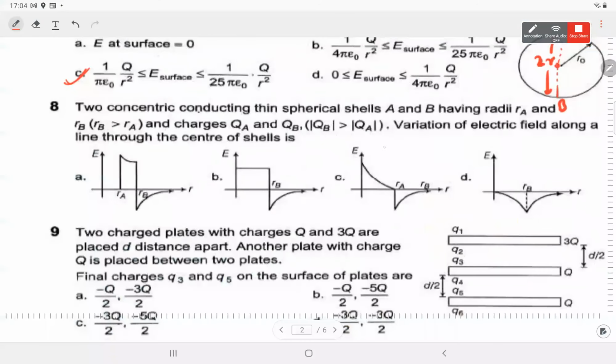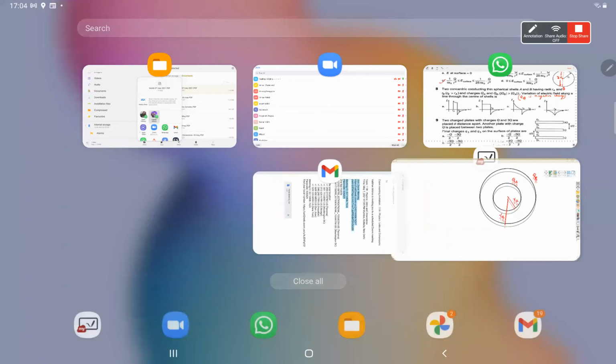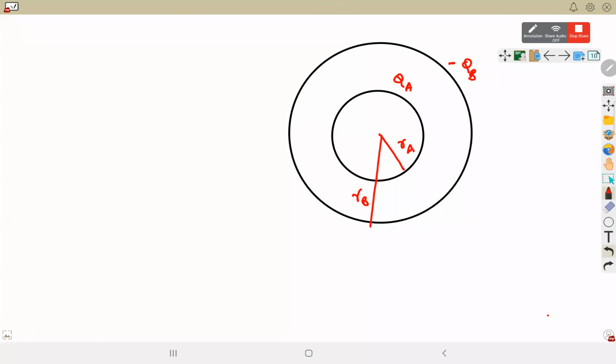So you can write here QB is a negative charge. If it is negative, then accordingly we will decide QA positive, QB negative, overall is negative.